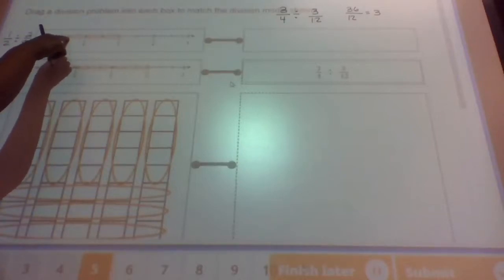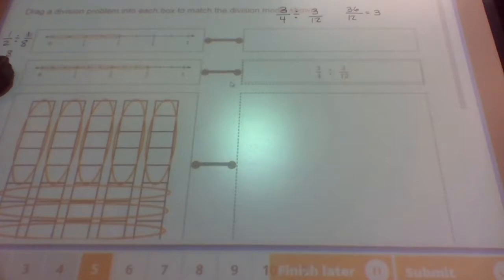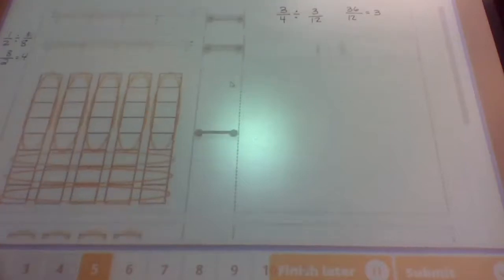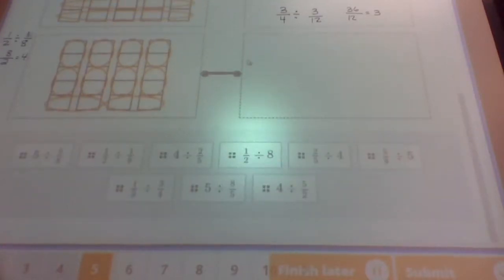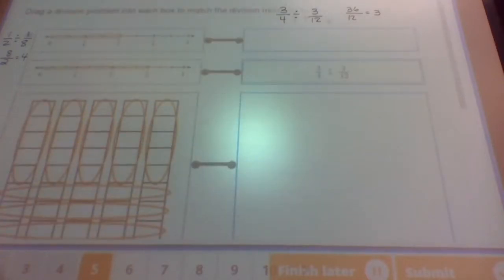They only divided by 1/8 because 1 times 8 is what? 8. Divided by 2 times 1 is what? 2. And what's the answer? 4. And isn't it 1, 2, 3, 4? Yeah. All right, so go find that one. So 1/2 divided by 1/8. It's not divided by 8 whole parts, right?